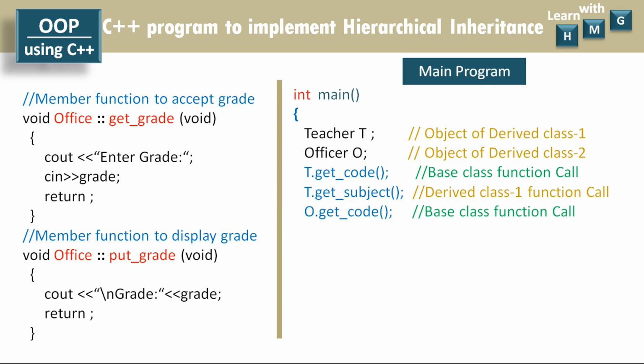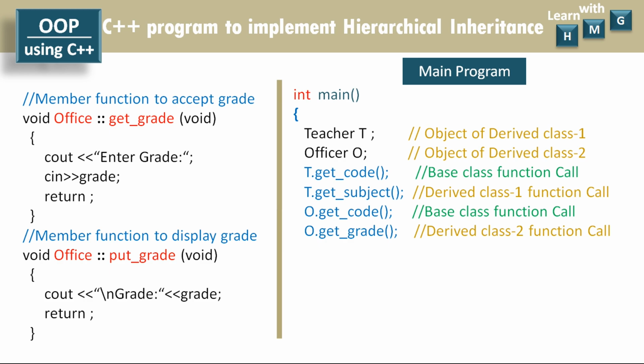Here the base class function is called, but this time using another object, that is o, the officer. Then using the o object, accept the grade of the officer using the getGrade function call. So call the getGrade function of derived class 2 using the o object.